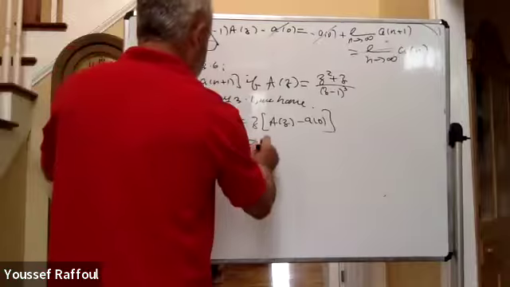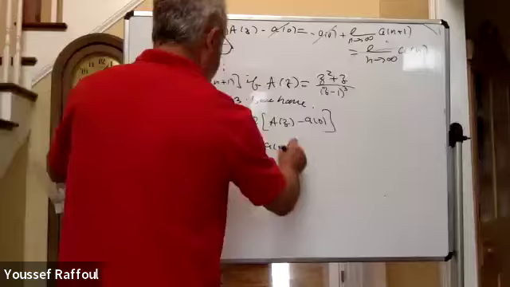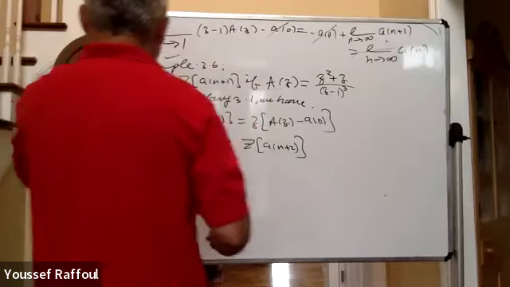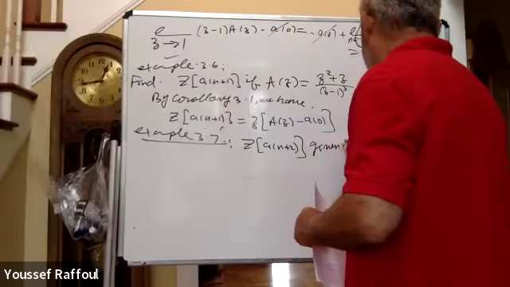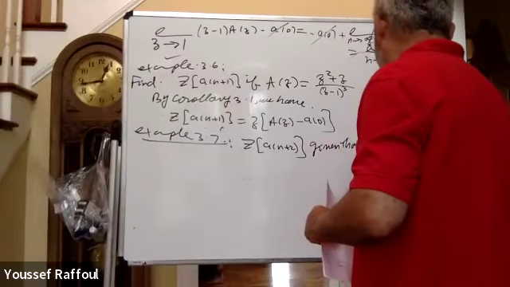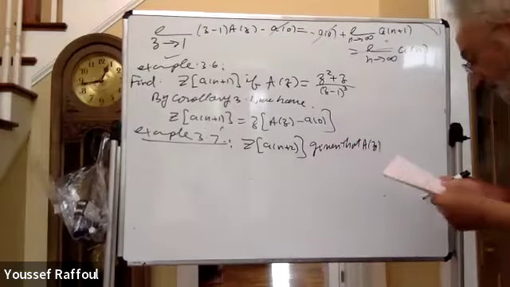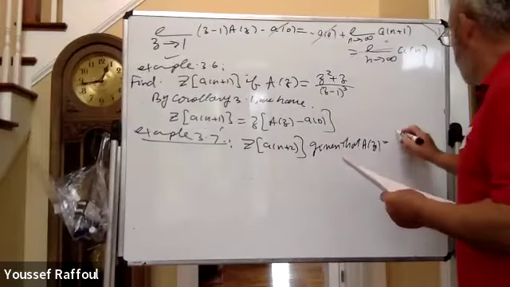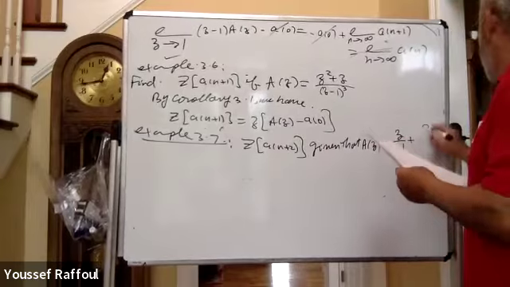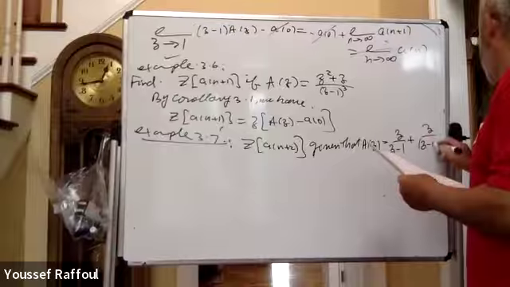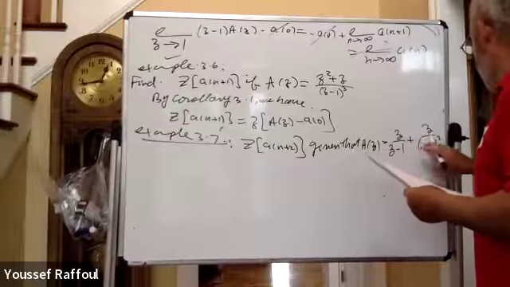So we want to compute the Z of a_{n+2}, given that A(z) equals z over (z minus 1) plus z over (z minus 1) squared.